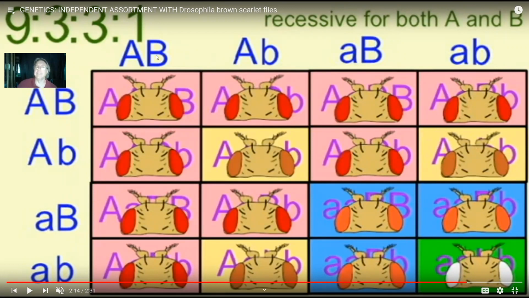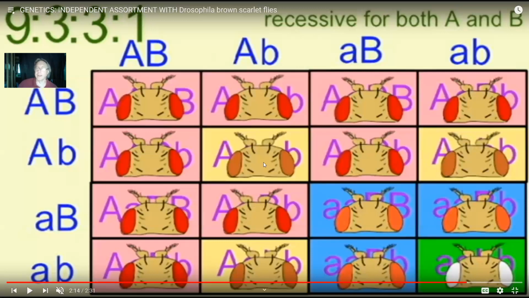If the dominant A and the dominant B always travel together, then the only offspring we would have in the grandchildren generation, the F2, would be red-eyed flies, which have the big A and big B that always travel together, and the white-eyed flies. Those would be the only combinations.